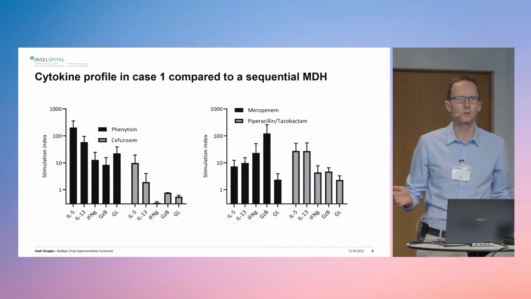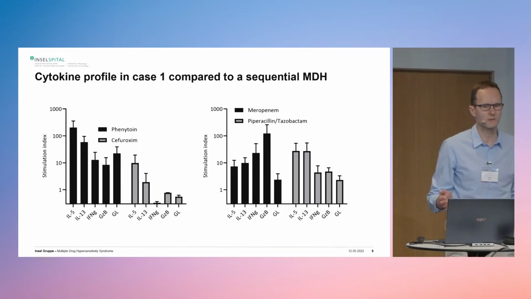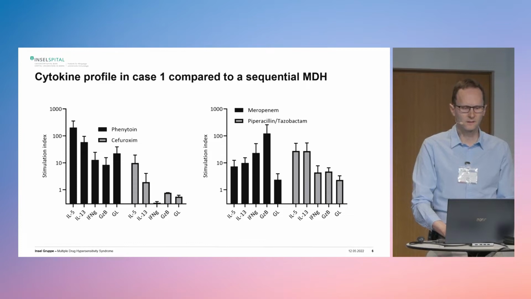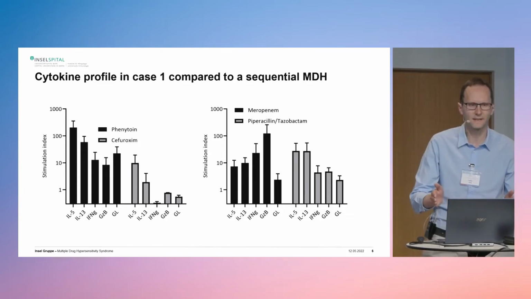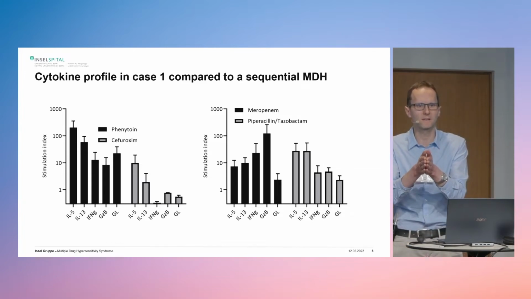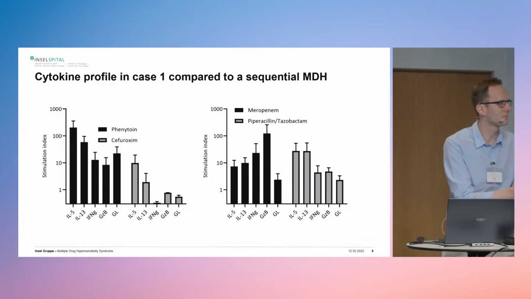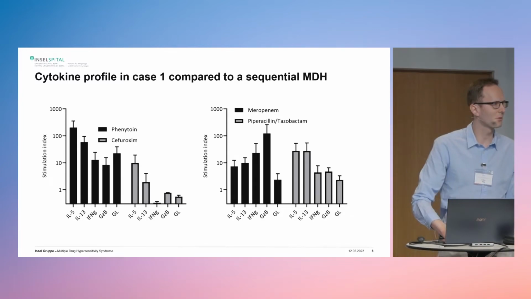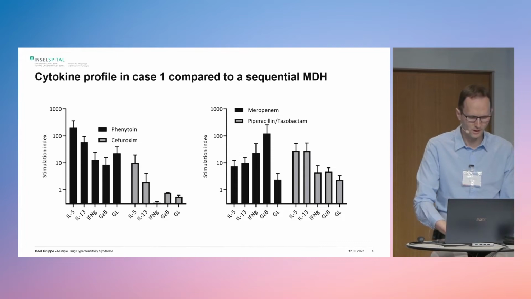Now I show you the cytokine profile of 2 patients with MDH. We talked this morning already that, based on this cytokine profile, we can see which reaction these patients have made. On the left side, you see the cytokine profile of the case I showed you before.